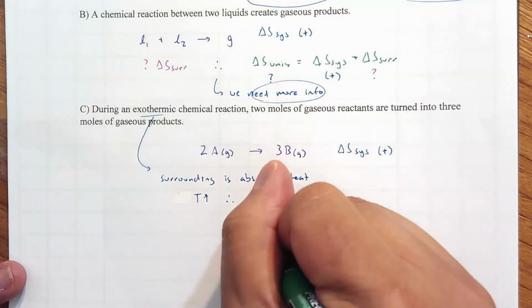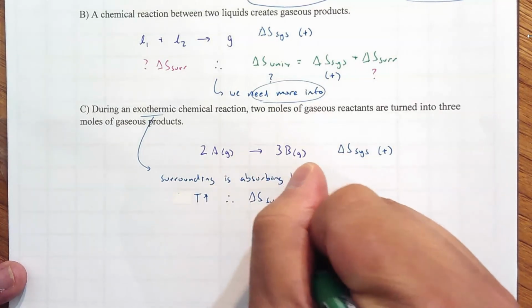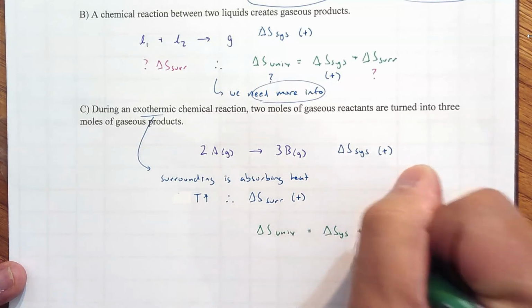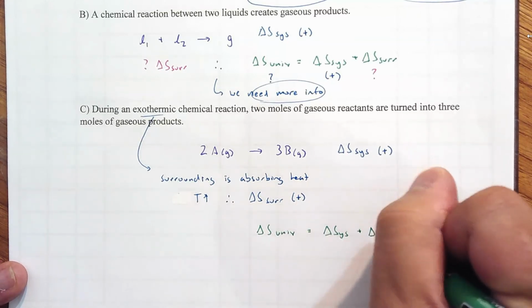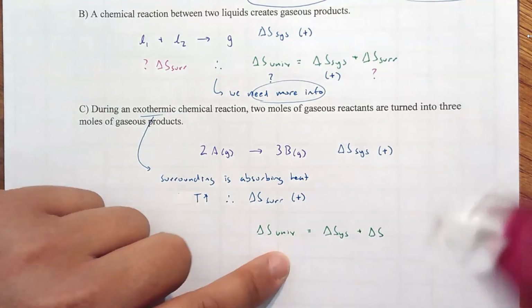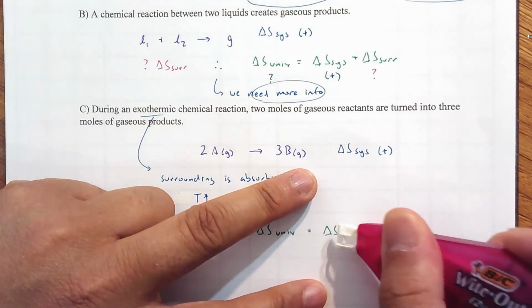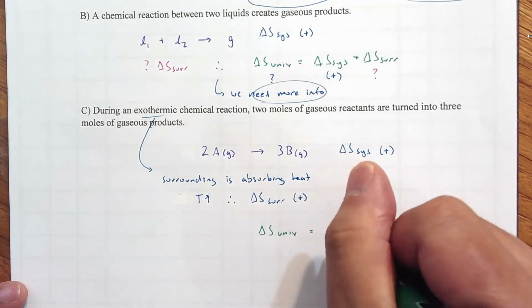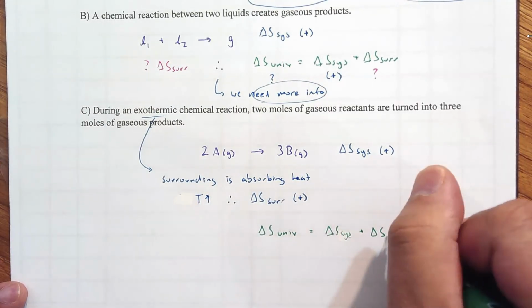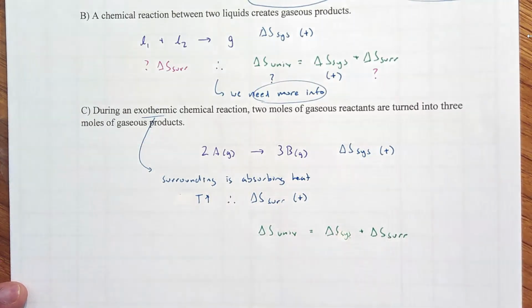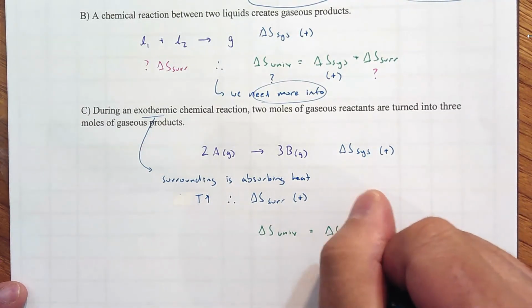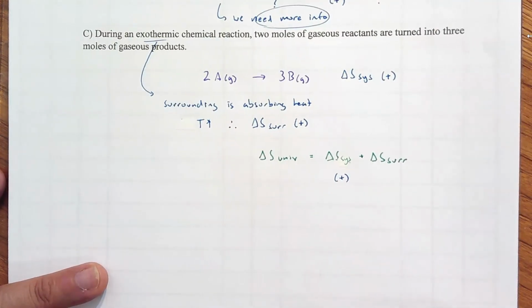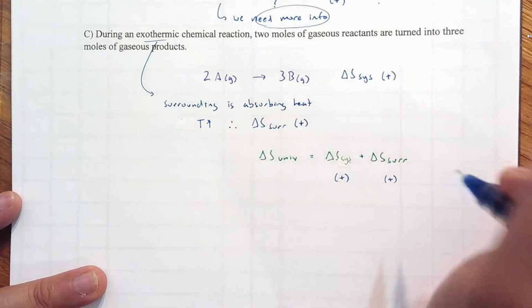So again, we have delta S of the system and delta S of the surroundings. System is positive, and the surroundings is positive.